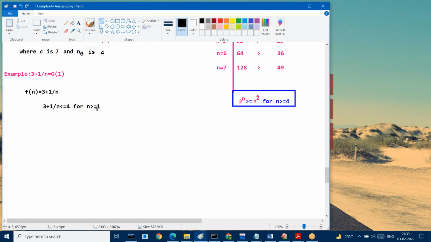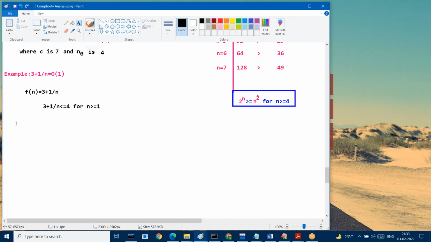If n is 3, 1 by 3 makes it about 3.3. The more n is incremented, the more this 1 by n will be decremented, and as a result this value will be decremented. So 3 plus 1 by n holds for less or equal to 4, for all n greater or equal to 1.